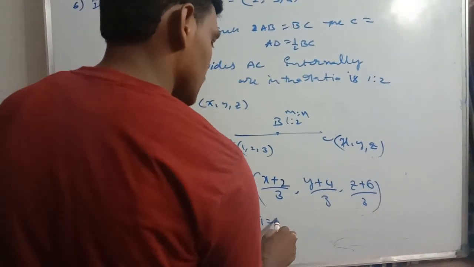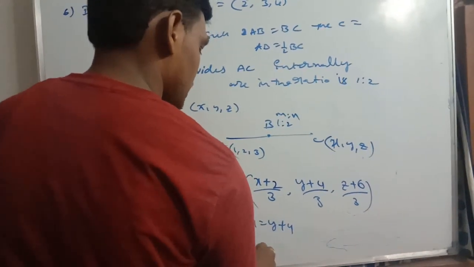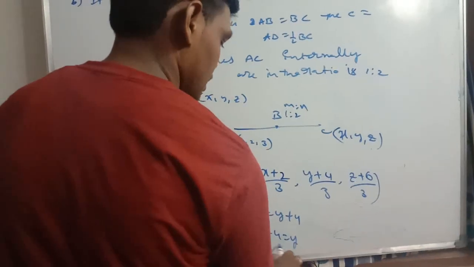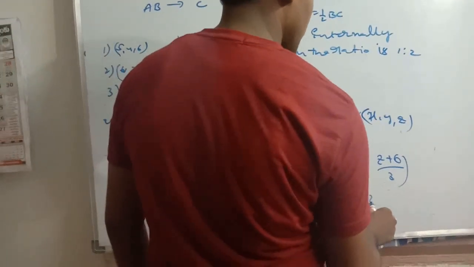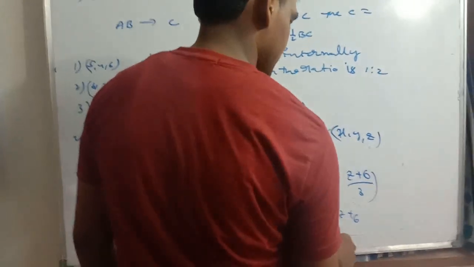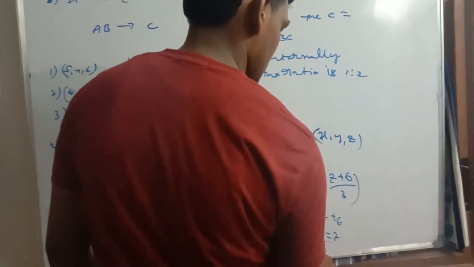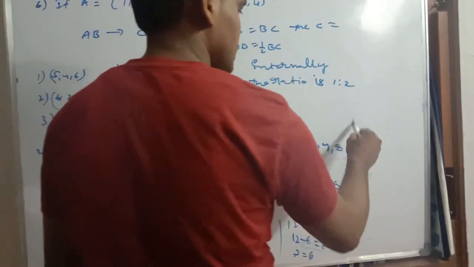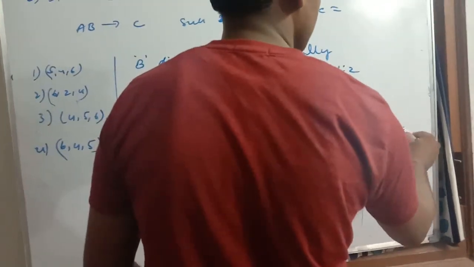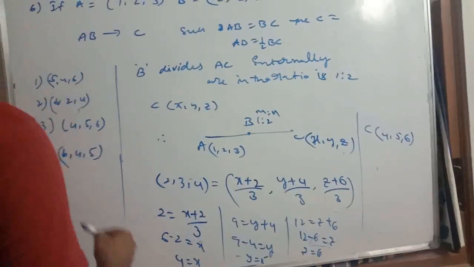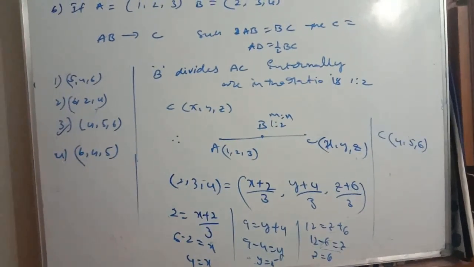Now this is 9 is equal to y plus 4, and 9 minus 4 is equal to y, which is 5. And 4 threes are 12 is equal to z plus 6, 12 minus 6 is equal to z. Now z is equal to 6. Now this is the C coordinate x, y, z, 4 5 6. Now here the option is 3. Okay, write down.